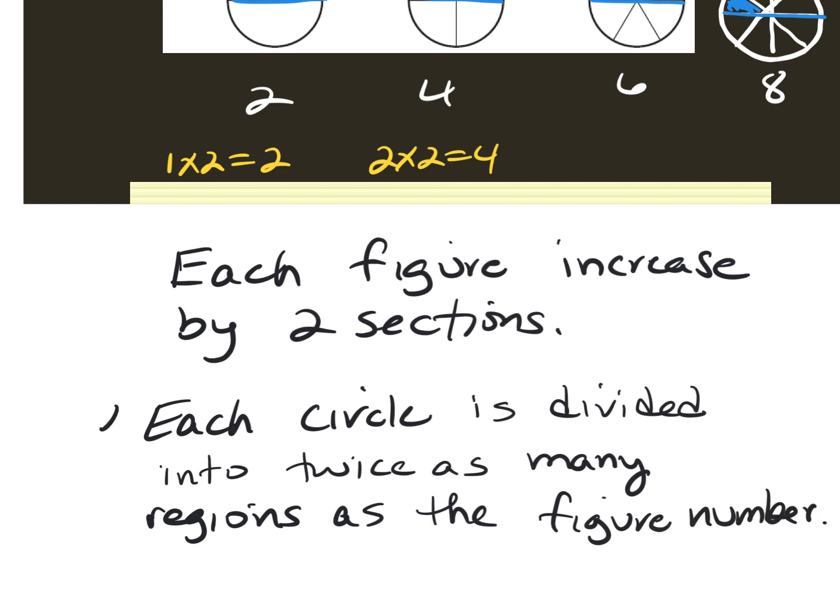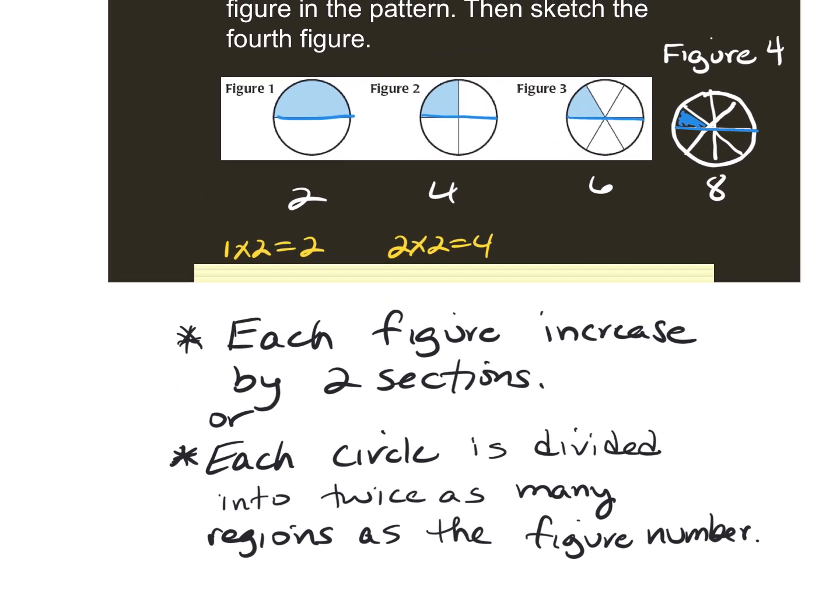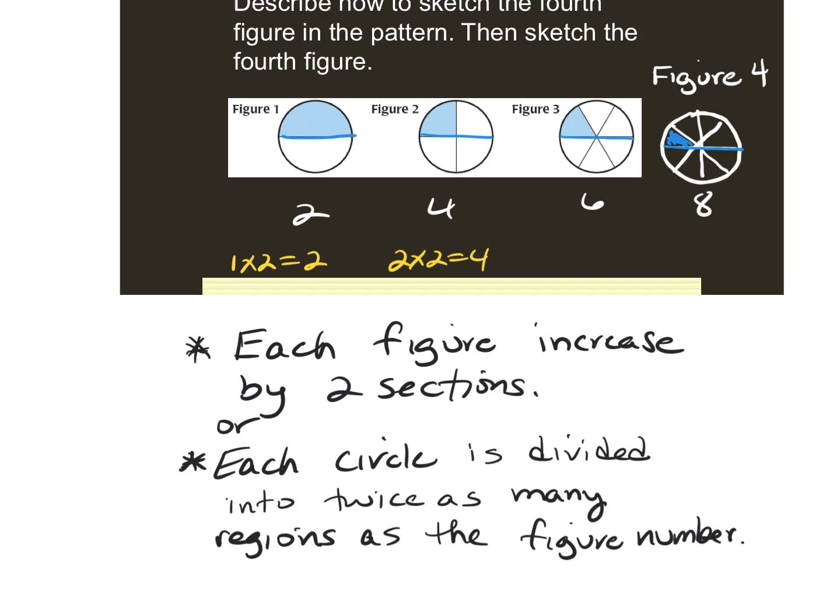And these are both conjectures. And again, it's just a sentence that you come up with based on what you're observing in the pattern. And again, this is using inductive reasoning.